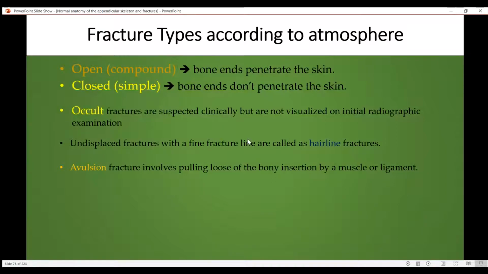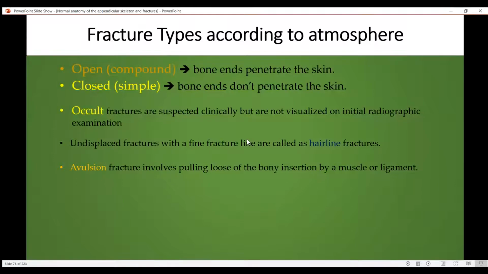That's the reason you call them open fractures. In closed fractures, the bone ends do not penetrate the skin, but they may be displaced or non-displaced. There are very few signs of external bruising or penetrating injuries, so such things are called closed fractures.